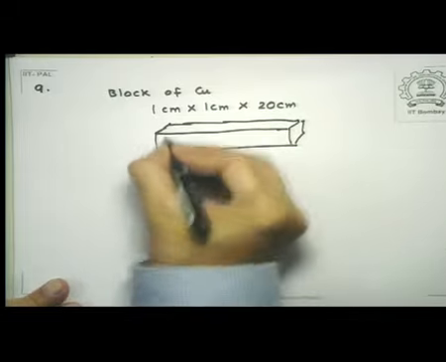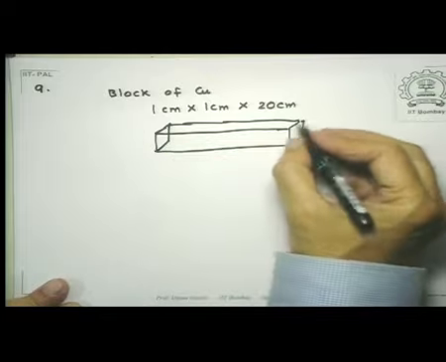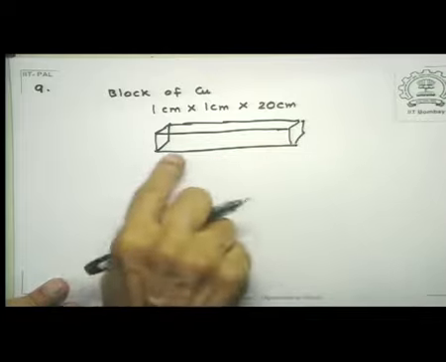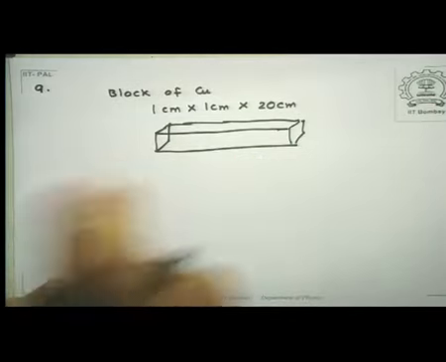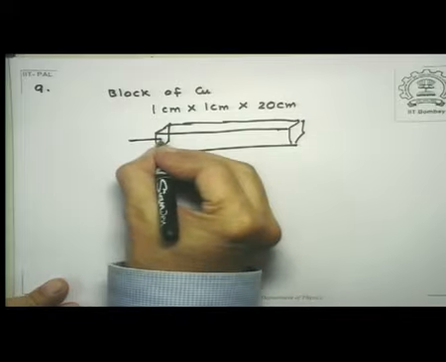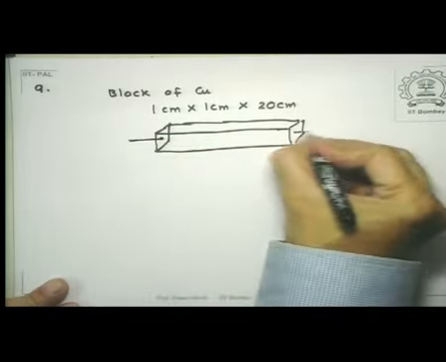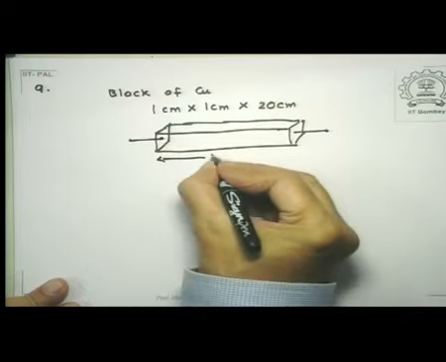One of the points that you have to realize is that the response of this to the electric field would depend upon which way you apply the potential difference. For example, supposing I decide to apply the potential difference between the long ends. So, this is my L, which is 20 centimeter.